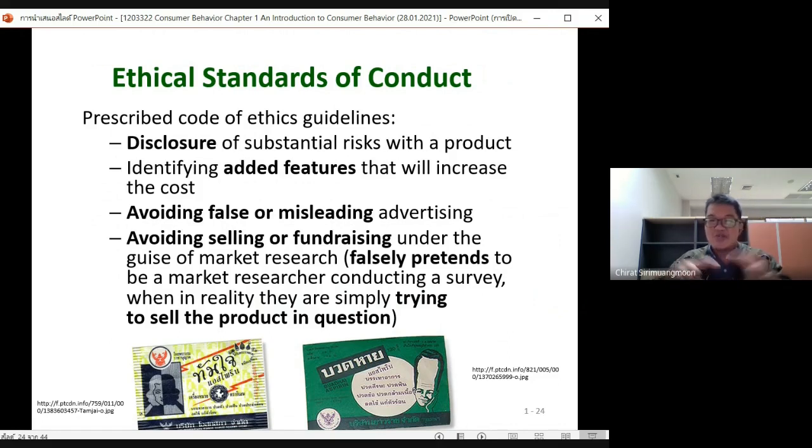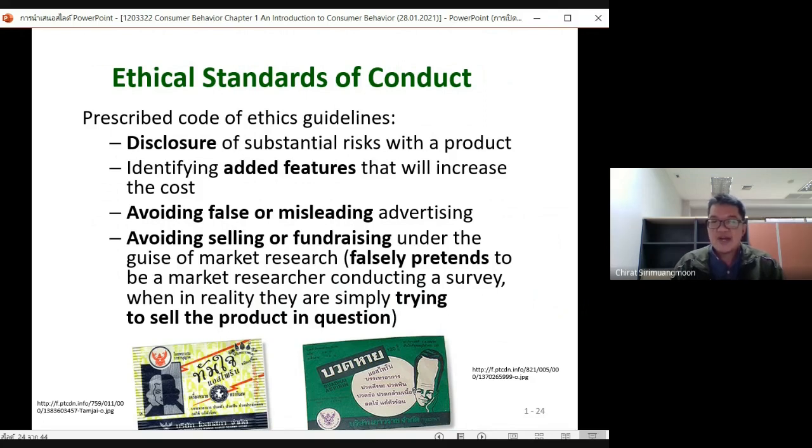So you need to present the label clearly. This is a product that might contain wheat. So they will try something else to eat. So please do not close or just hide something in the product.